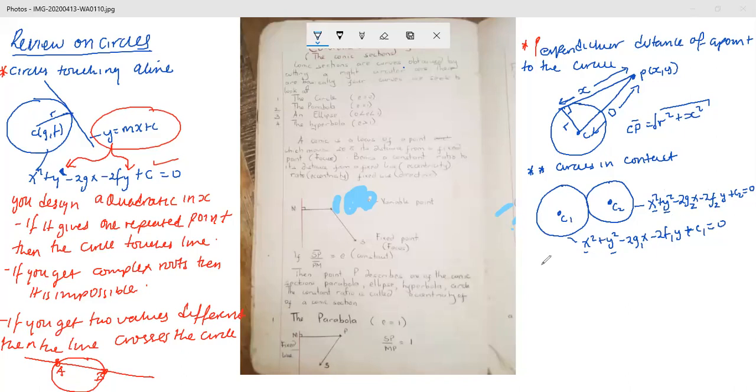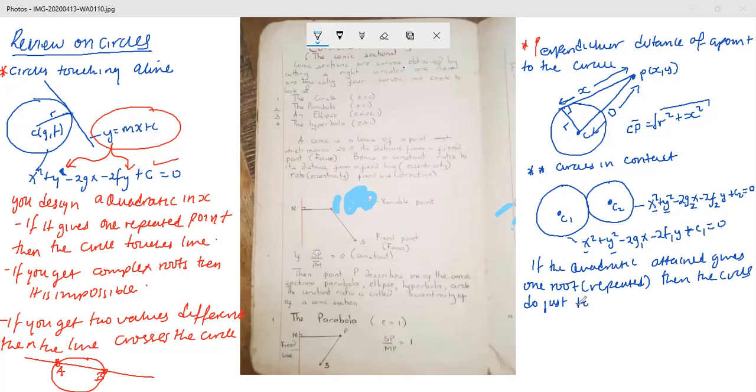If you get one answer, the quadratic gives one root, which is repeated, then the circles do just touch. Then sometimes they can ask you to show or to prove that the circles intersect.